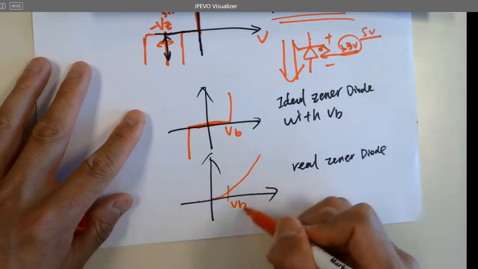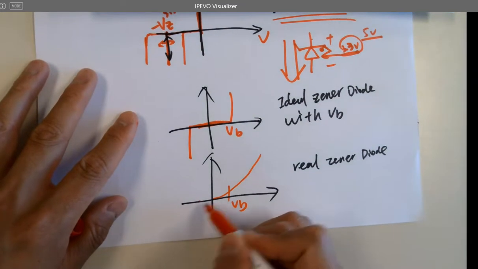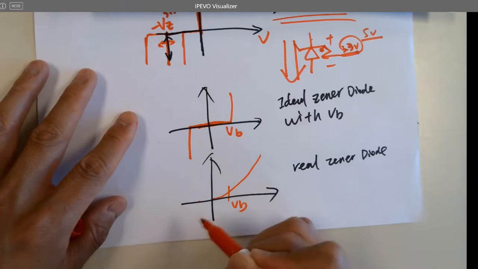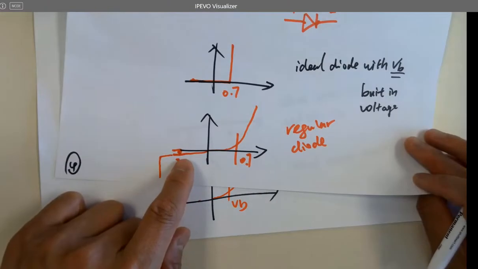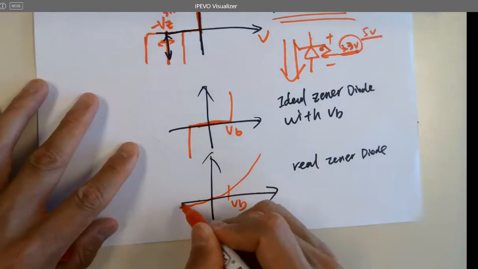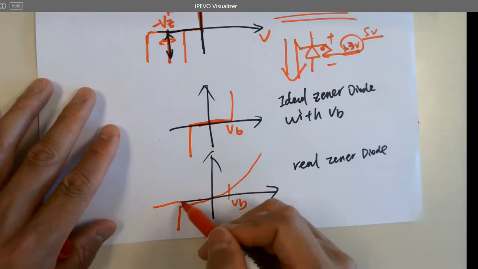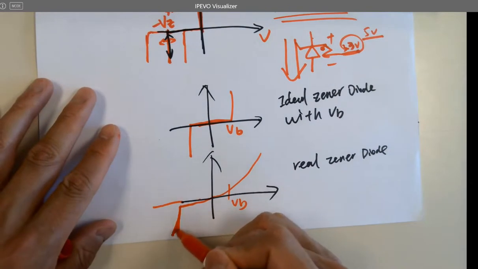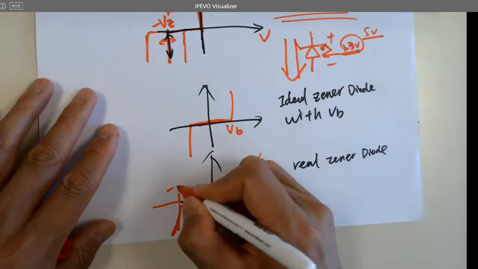That's VB. And whenever you reverse bias that Zener diode, what's going to happen? It's like a regular diode, right? There will be a leakage. And at some point, this is not vertical to X, right? There will be a little ramp here. That's still minus VZ.